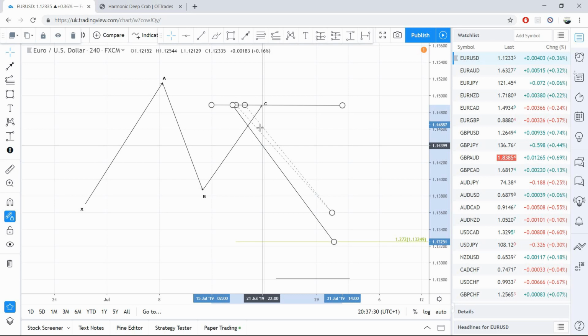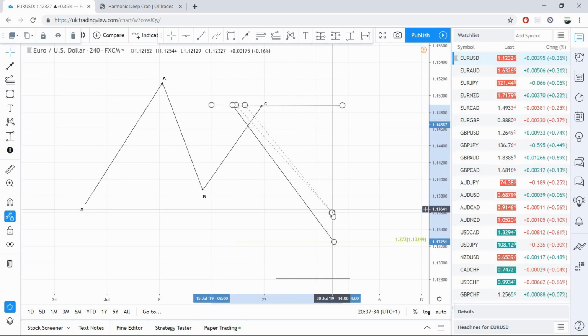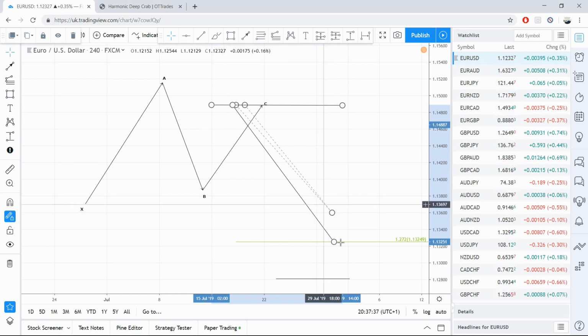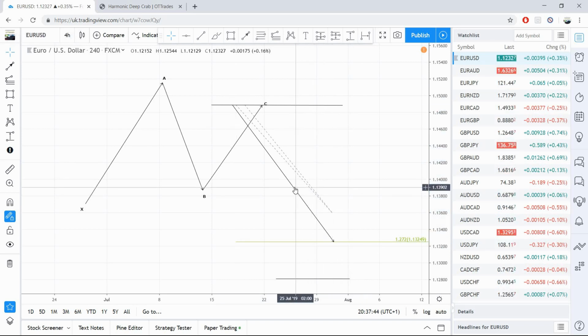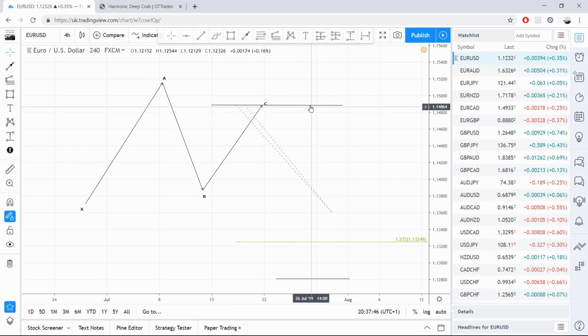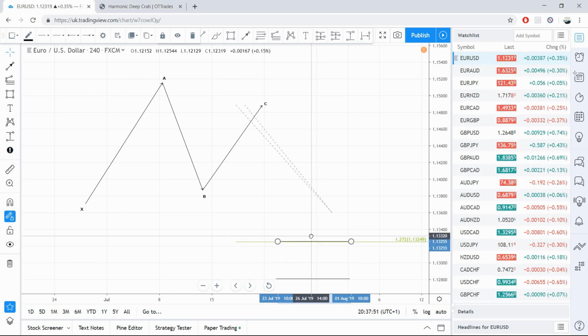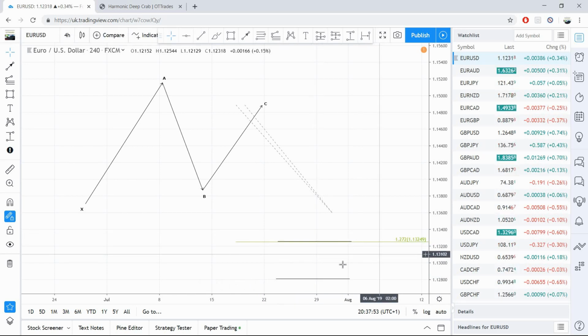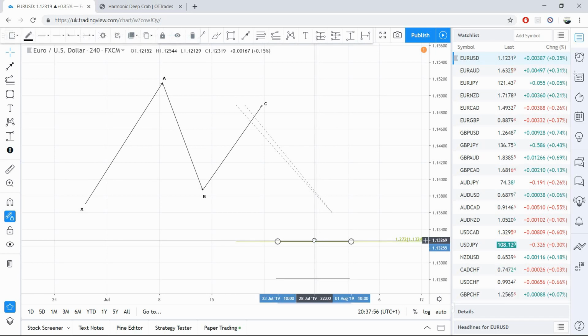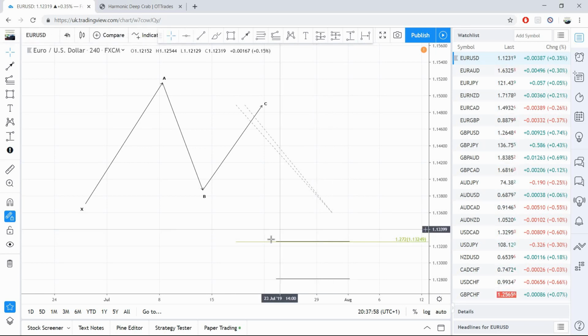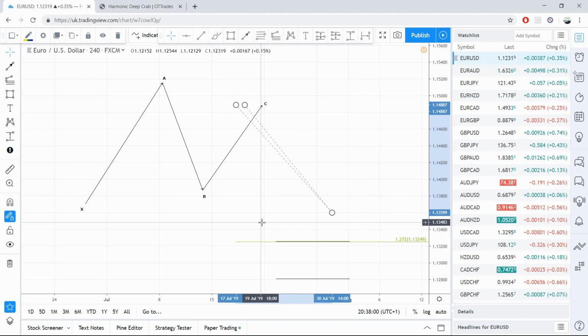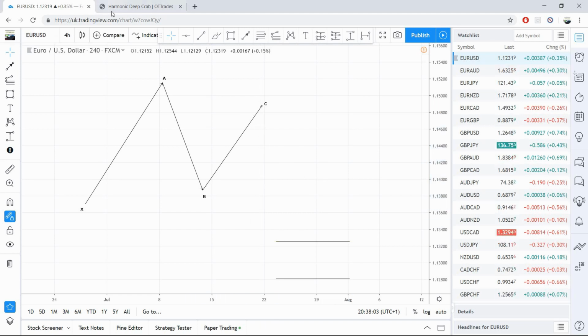Let me get that exactly on the C point there. So this was our original A point, this was obviously our original B point, and this was 127.2% of that move down. So now we can draw that in. So this is now our second point of the potential reversal zone drawn in.